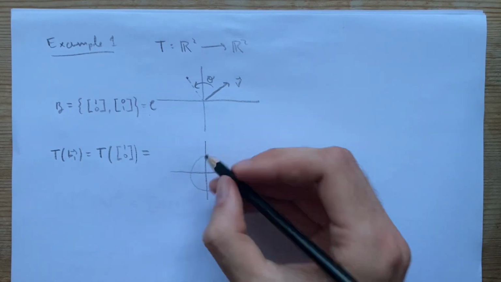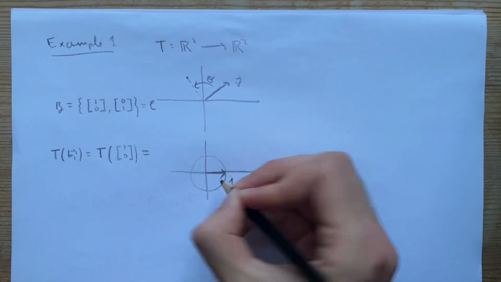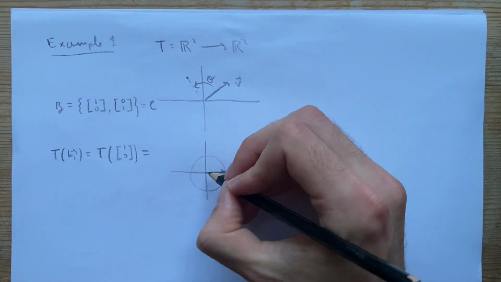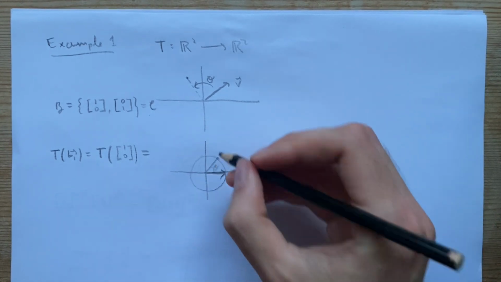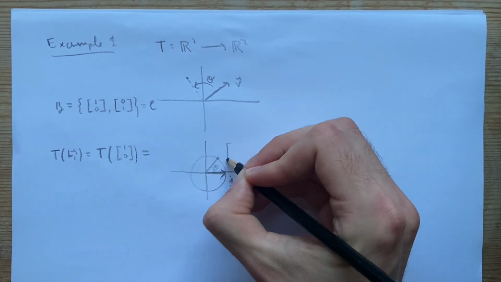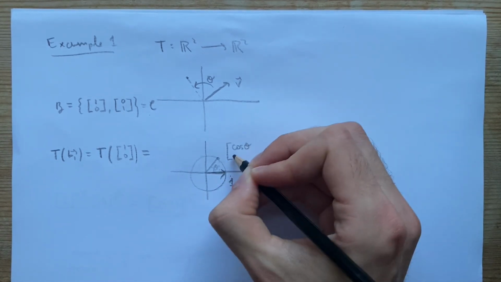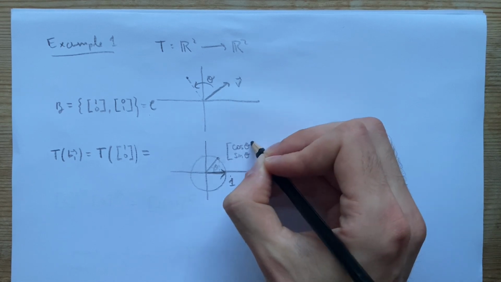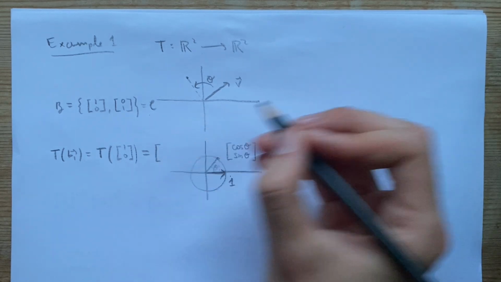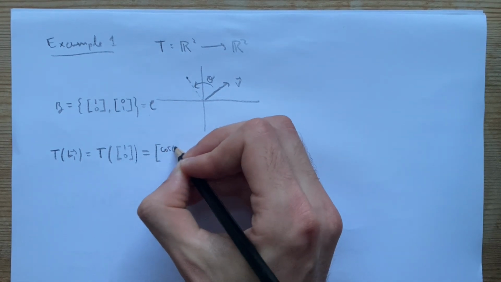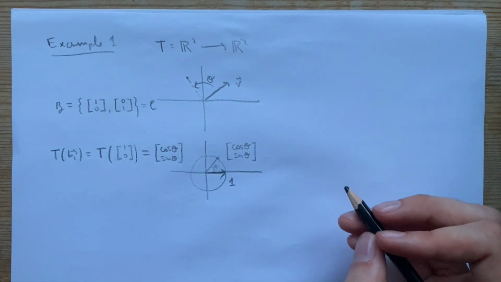It goes through the point (1, 0). This is the first basis vector. And then when we rotate it by an angle theta, we get the vector here, (cos theta, sin theta), right? So T of (1, 0) will be (cos theta, sin theta).